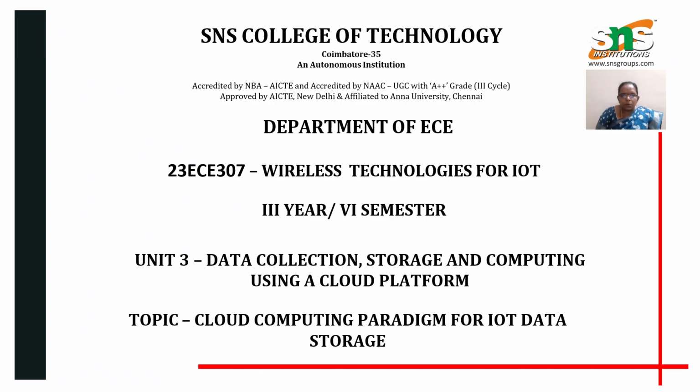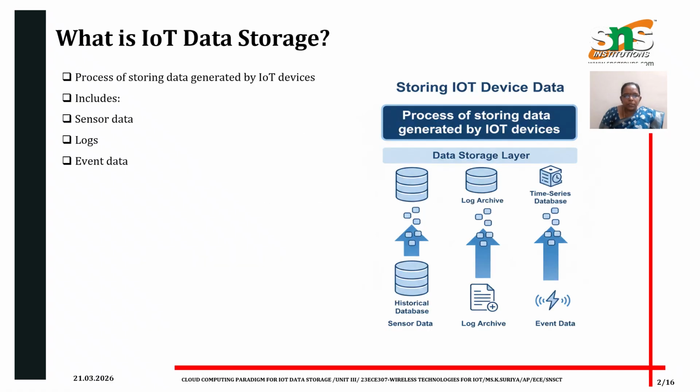So in this video, let us see about an important concept which is cloud computing paradigm for IoT data storage. IoT data storage refers to the process of storing the data generated by the IoT devices. So these devices include sensors, smart appliances, wearable devices, and industrial machines.